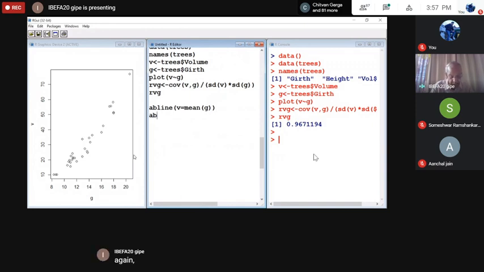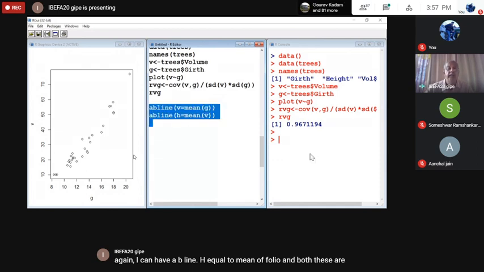Again, I can have the AB line, H equal to the mean of volume. Both these are on the same graph.